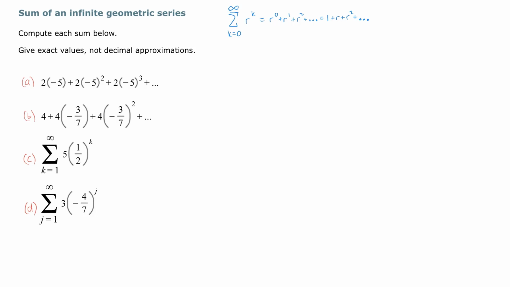Now this actually converges to 1 over 1 minus r if the absolute value of r is less than 1. Now I'm going to write this much cleaner. Typically in mathematics we write things in an if-then statement.